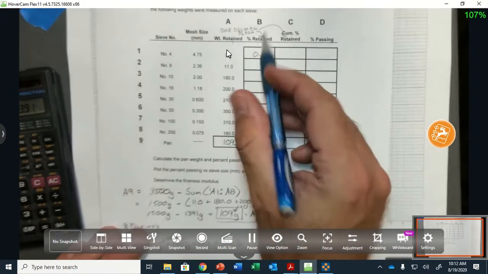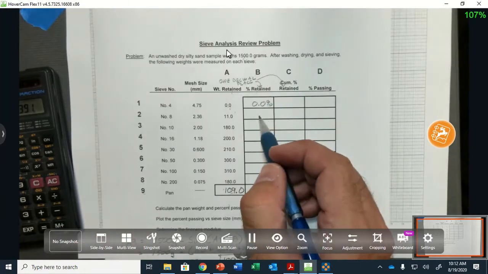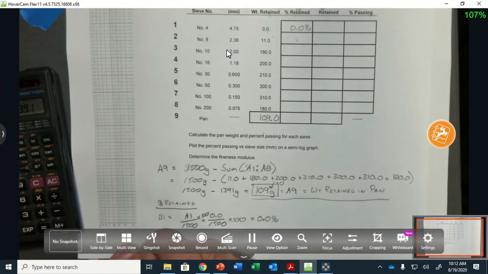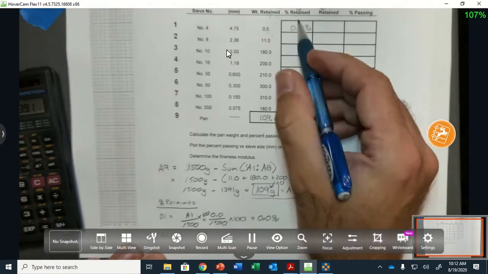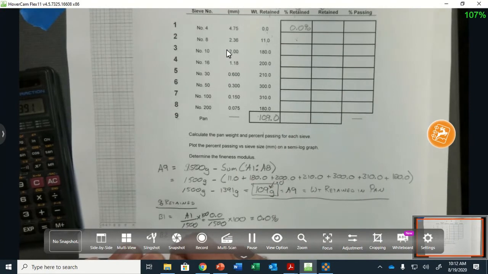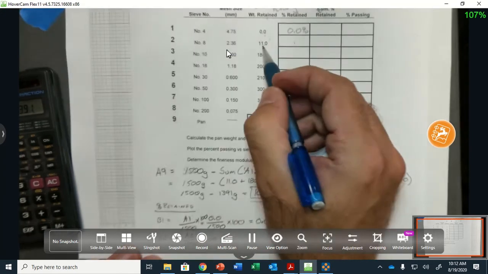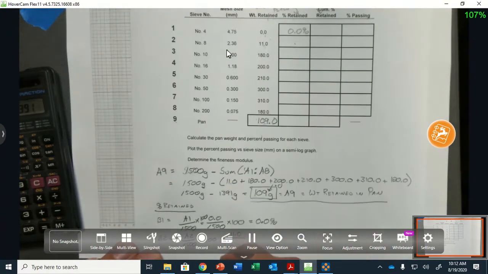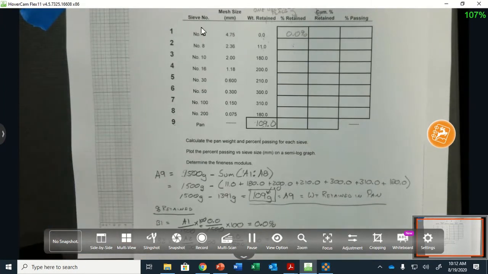So now to calculate B2, I'll just do another one here. B2 equals the number in A2 divided by 1,500 times 100, which equals, so the weight retained, 11.0 divided by 1,500 grams times 100 equals, okay.